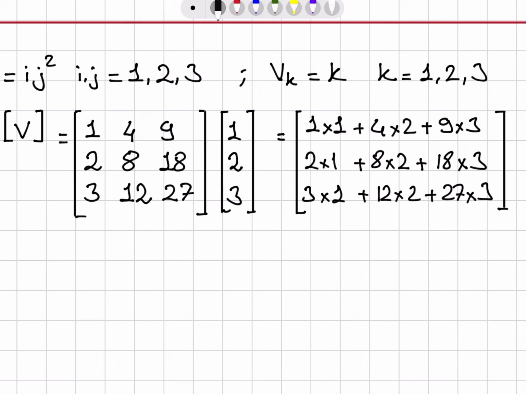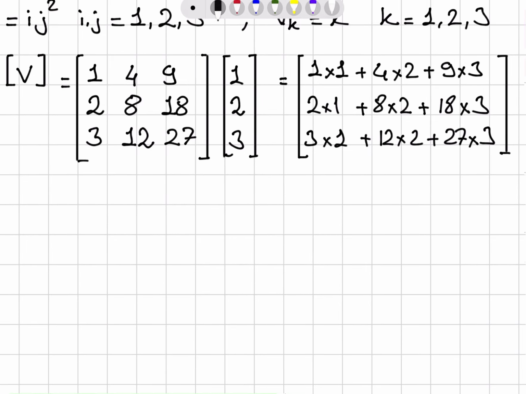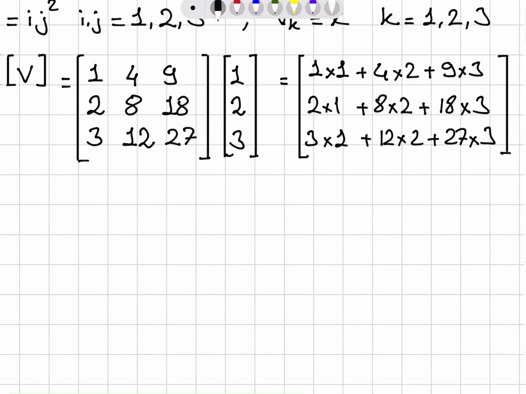Okay, so the answer that I'm looking for here, I can rewrite here. The M matrix multiplied by the column matrix representation of the v vector in some basis is given by a 3 by 1 matrix.